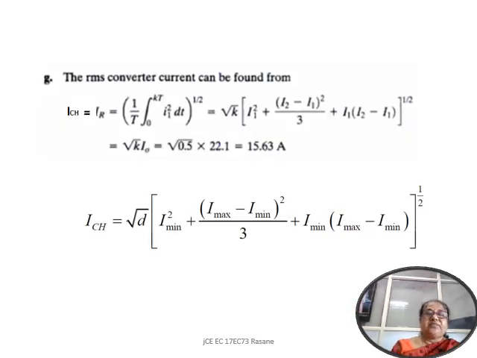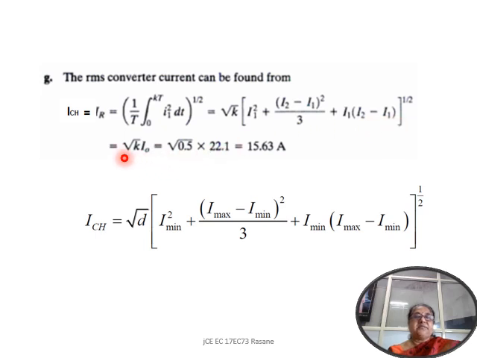Next, the converter current, that is the chopper current, can be found using the formula. We have derived the formula in this term, root of D, that is same as root of K, into I1 squared plus (I max minus I minimum) squared by 3 plus I minimum into (I max minus I minimum).